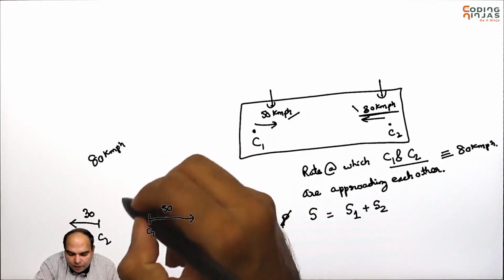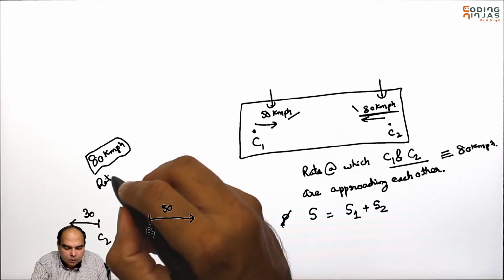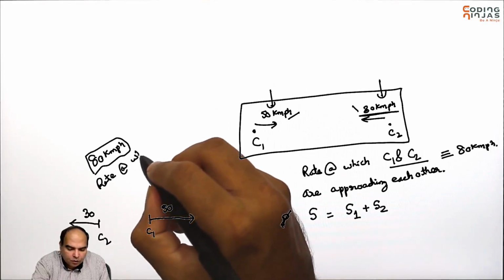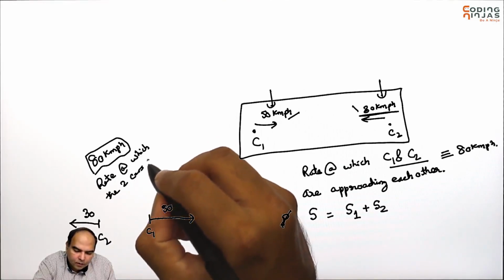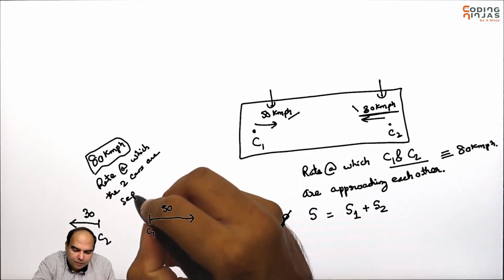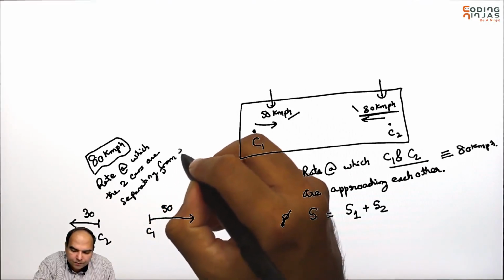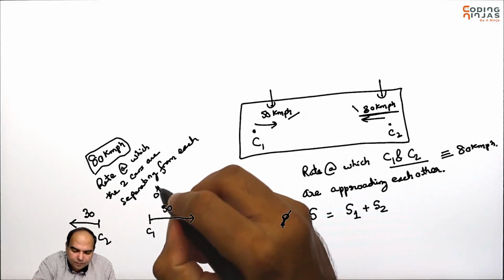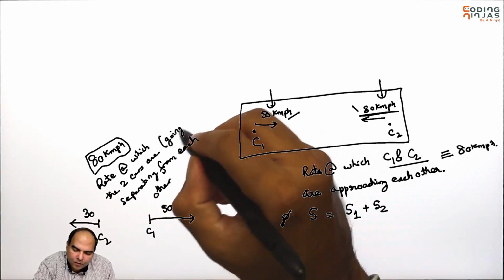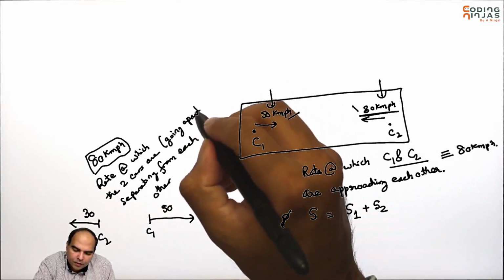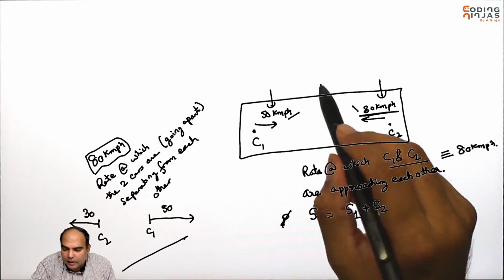And the rate of movement away, this 80 kilometers per hour, is defining the rate at which the two cars are separating from each other or going apart from each other. In this case 80 would be that rate, and in the earlier case 80 is the rate at which they are approaching.